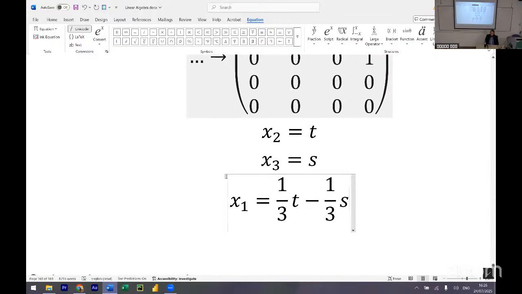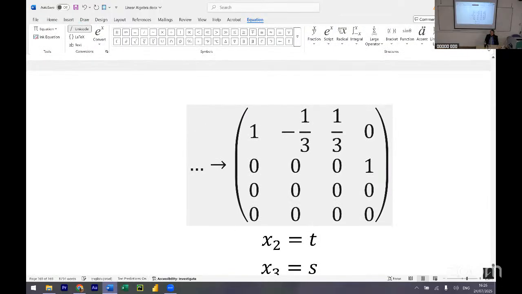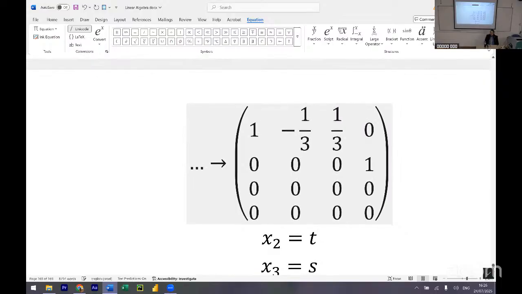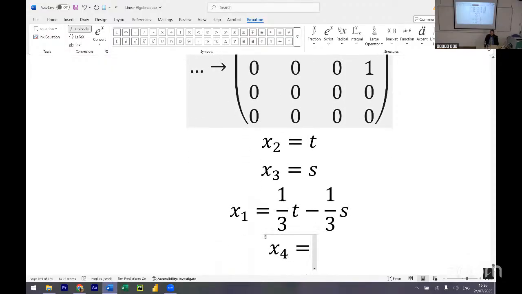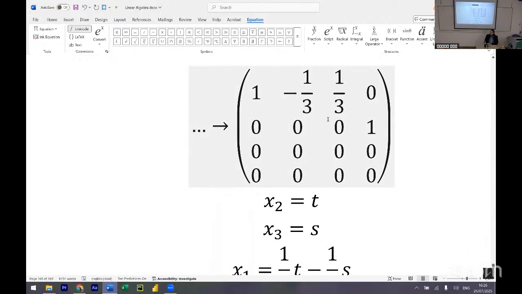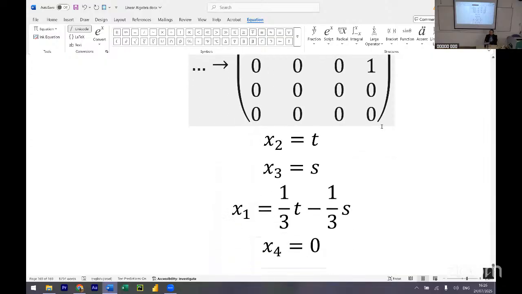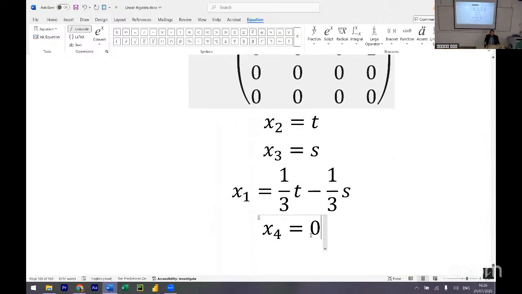And what is x4? The second equation is 0x1 plus 0x2 plus 0x3 plus 1x4, where 1 is the coefficient of x4, equals, because it's a null space, it's the homogeneous system, equals 0. So x4 equals 0.